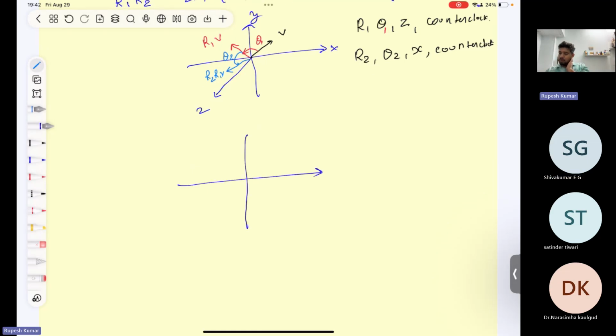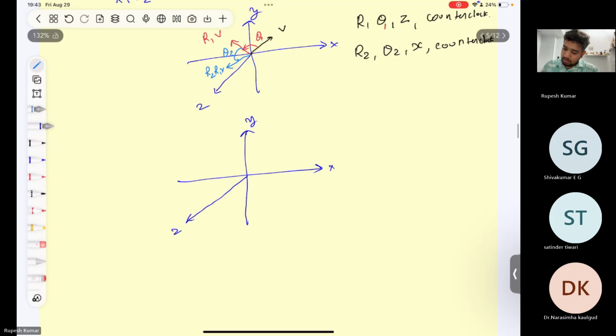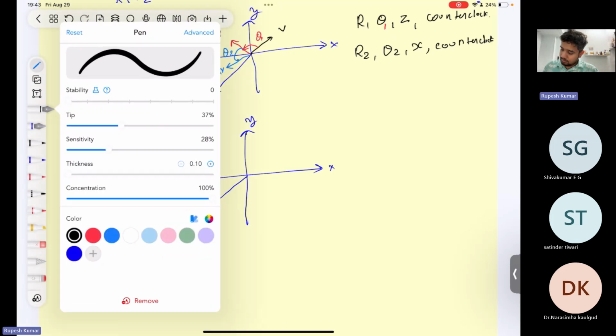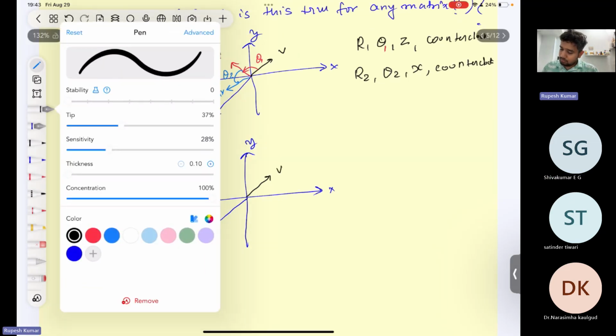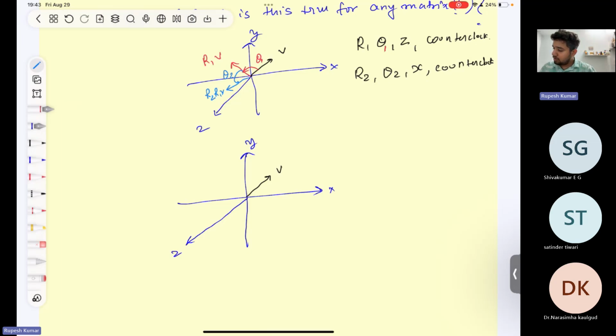Now what is r2 r1? This is the x, y and this is the z plane. Again our vector looked like this, this was our vector v, right? Now what you do, you rotate with the matrix r2 by angle theta 2 along the axis x in the counterclockwise direction, right?